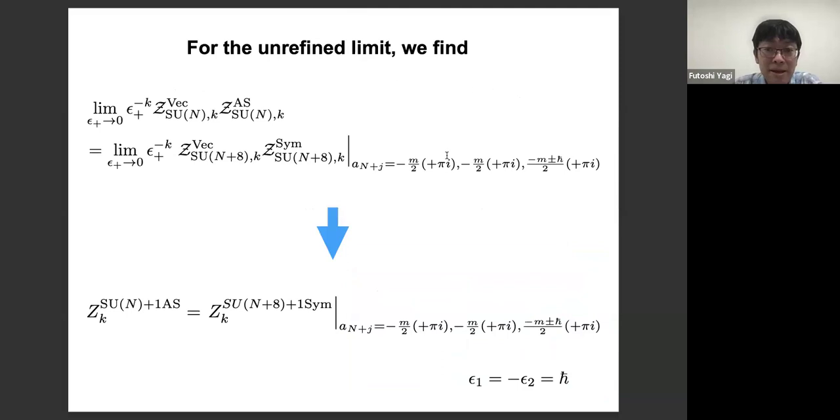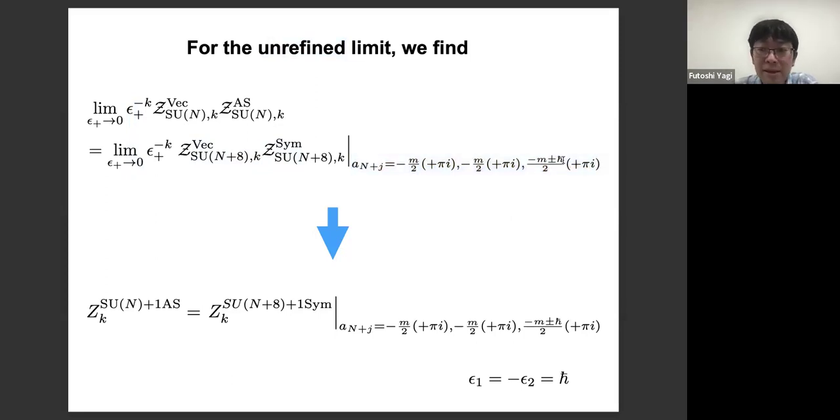And another observation is that although I couldn't find the expected property for generic epsilon 1 and epsilon 2, if we consider the unrefined limit, which is to take the limit of epsilon plus goes to 0, then we find the expected relation between SUN plus 1 antisymmetric and SUN plus 8 plus 1 symmetric by tuning the Coulomb moduli this way.